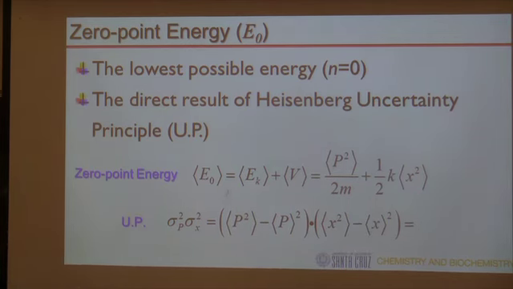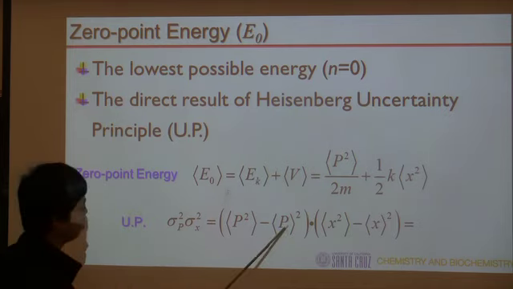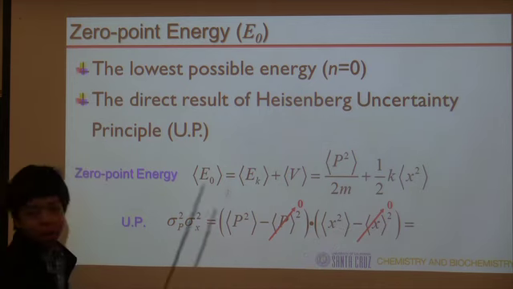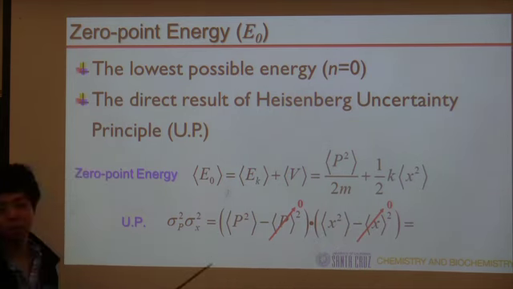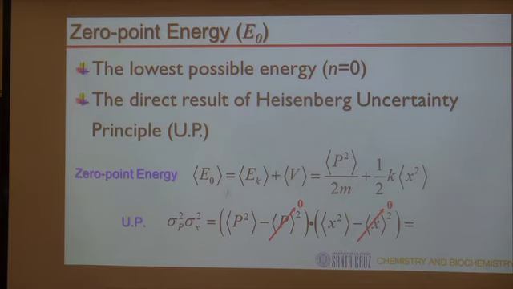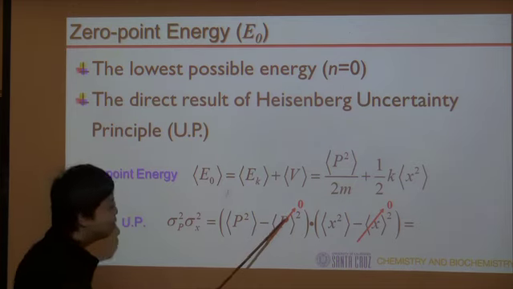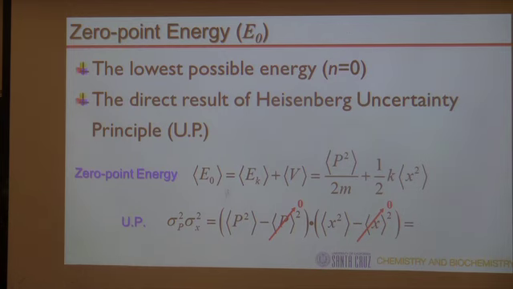Do you still remember how we can simplify this expression here? There are actually two terms which equal 0: P squared and X squared. Well, this one and that one. Simply because the average location is 0 for a harmonic oscillator, and the average linear momentum is 0 for a harmonic oscillator.